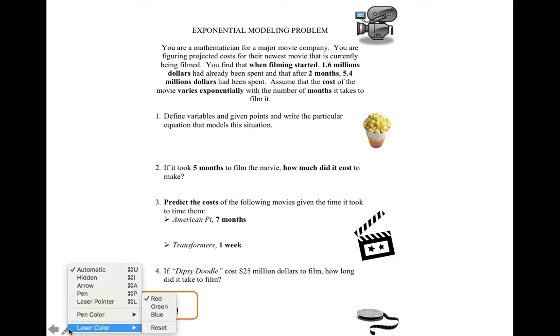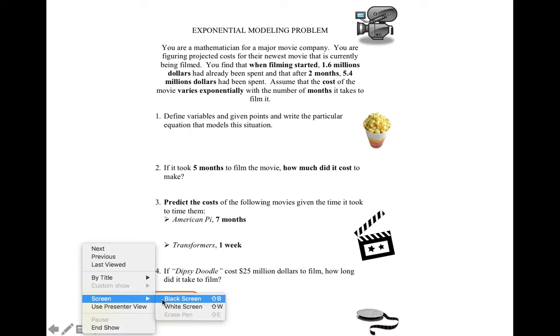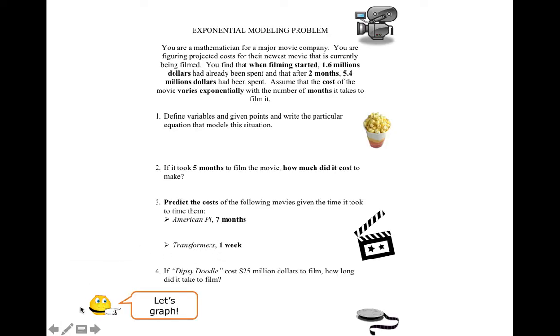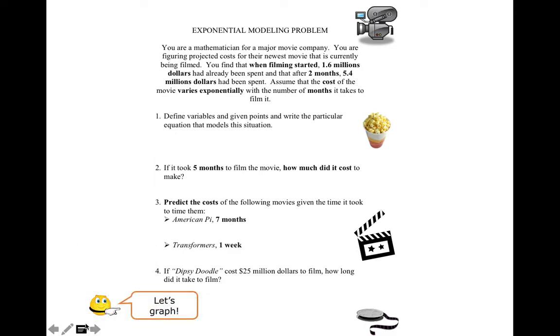Oh, it doesn't let me write on there. I'll have to do it on here. Just do my graph here. Please label your axes. It's a terrible, terrible graph.